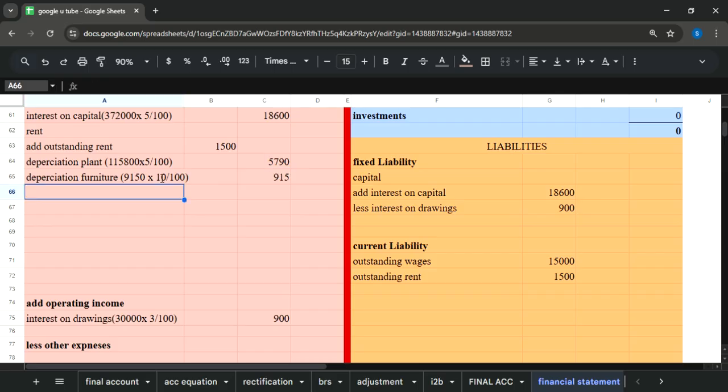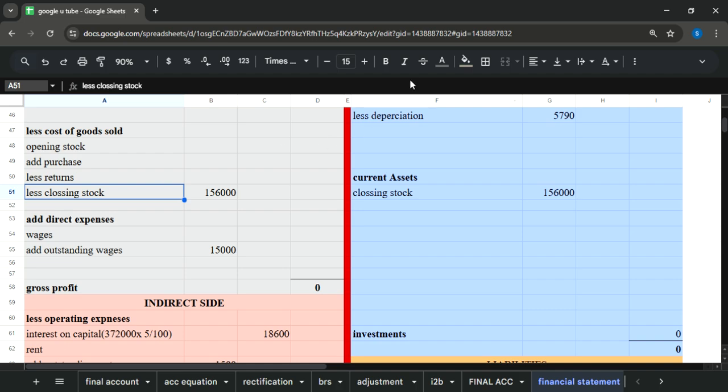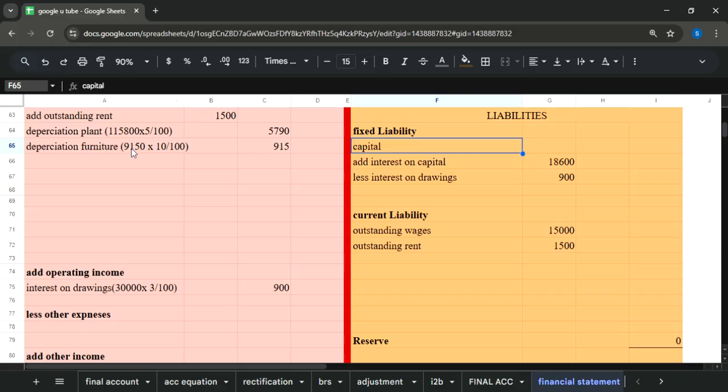In a similar way, you will go to the fixed asset side. First you will write your furniture, and then you will subtract your depreciation. The amount of furniture was 9150.